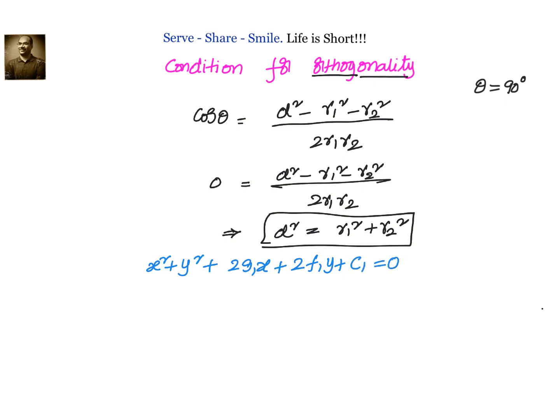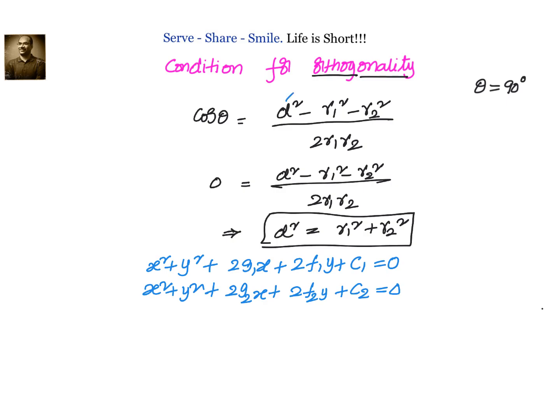Another circle is x square plus y square plus 2g2x plus 2f2y plus c2 equals to 0.